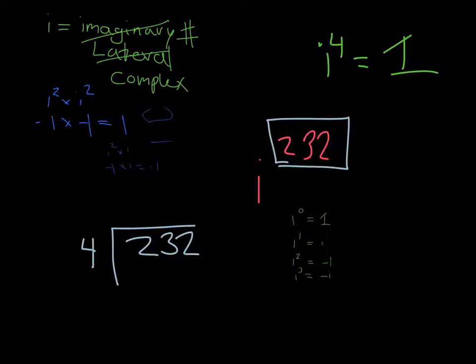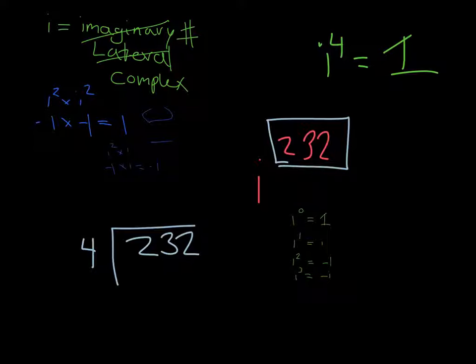So the pattern ends at i to the power of 3. After i to the power of 3, it just repeats again, because now it's going to i to the power of 0 equals 1, just like i to the power of 4 equals 1. Since the pattern repeats, we need to start from where the pattern repeats, which is i to the power of 4. That's why I'm dividing by 4.